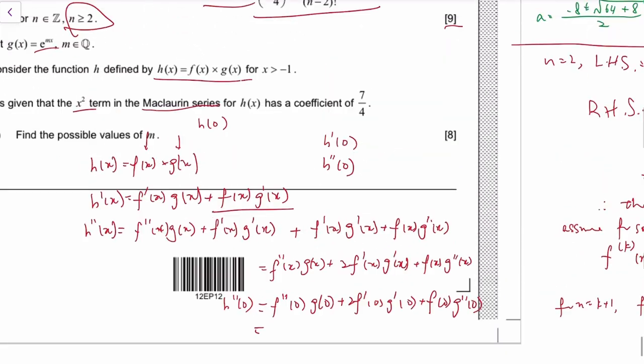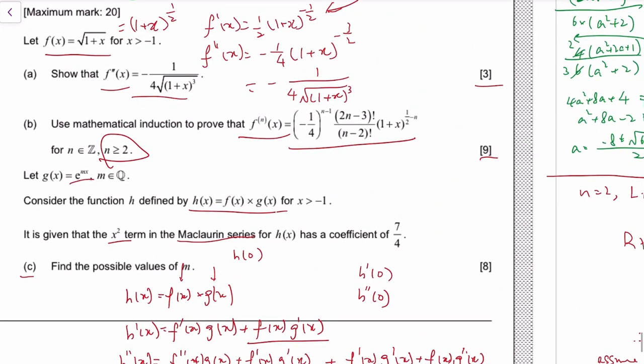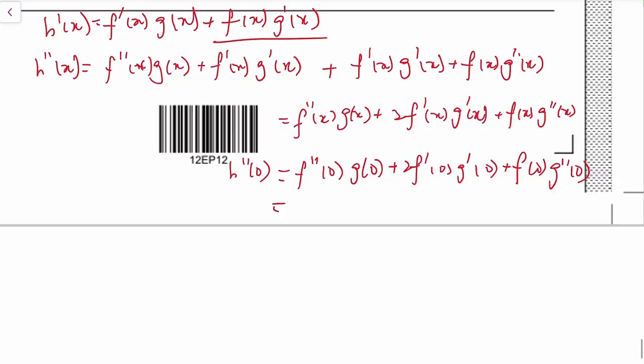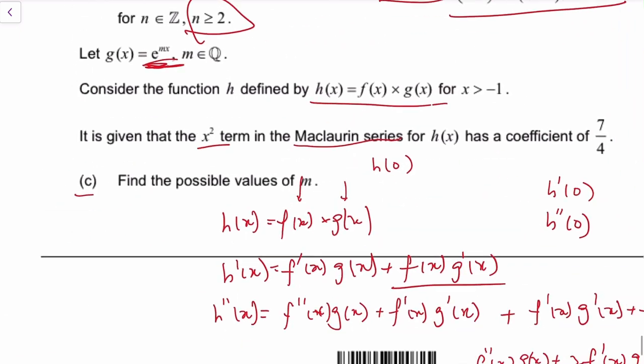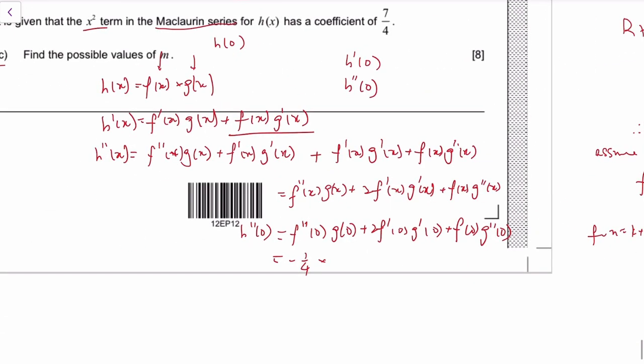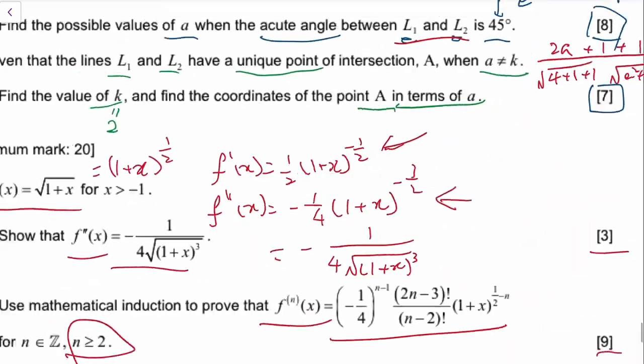f prime prime 0 is what? We have f prime prime x here. If we plug in x to 0, we get negative a fourth. g(0) is here. If x is 0, you get 1. Plus 2 times f prime 0, we plug 0 into the first derivative.